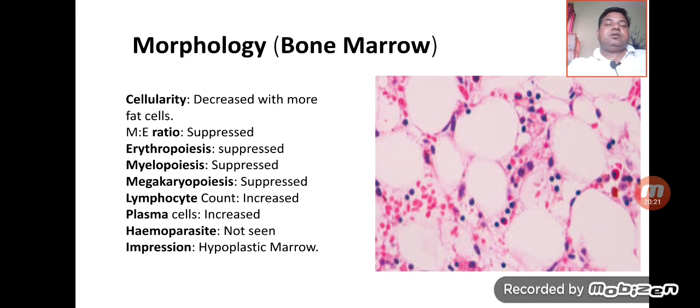We will see an increase in the counts of lymphocytes as well as plasma cells, and we will report this as a hypoplastic marrow or aplastic marrow.